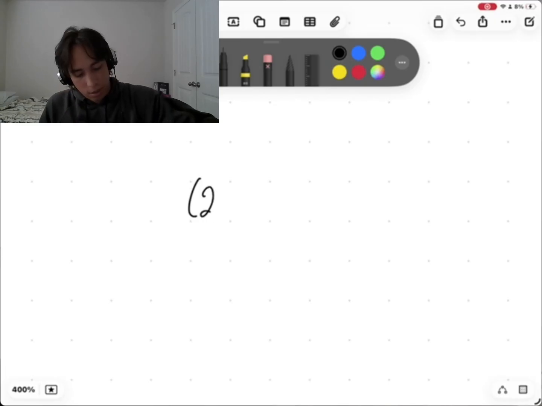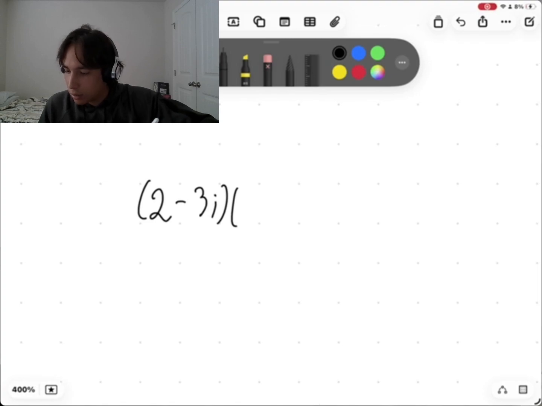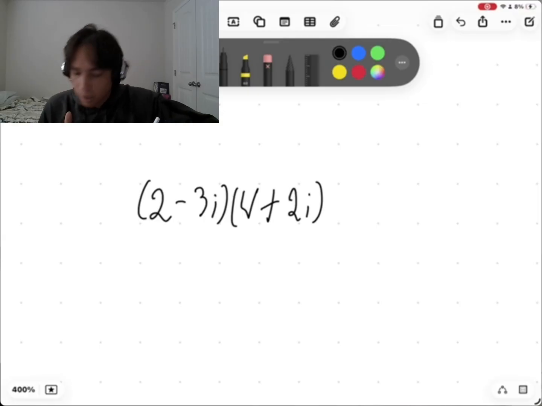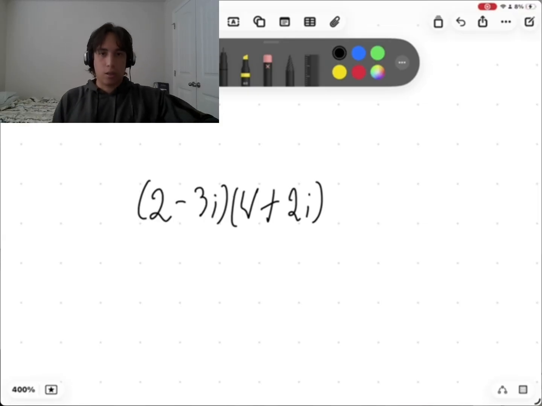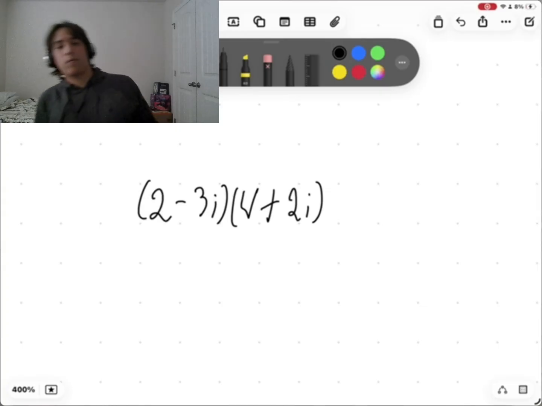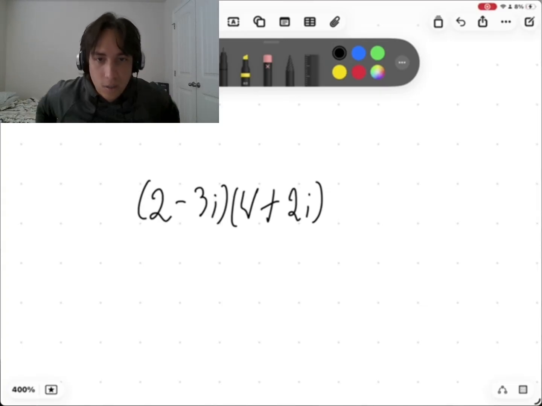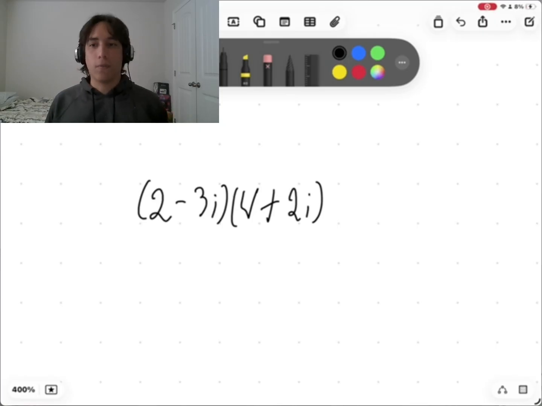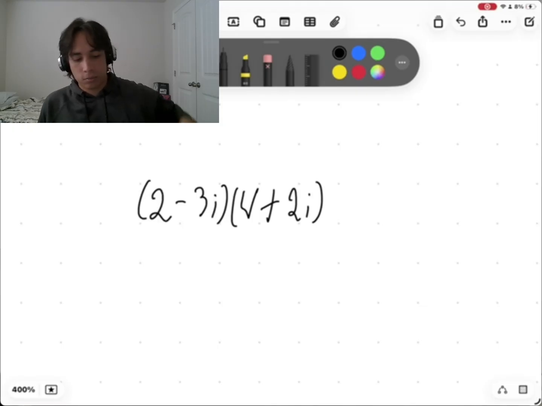2 minus 3i times 4 plus 2i. Right? Yeah. So here, this is one of the reasons I say pseudo vectors. I refer to complex numbers as pseudo vectors instead of full-on vectors, because I do not know how to treat these numbers as vectors when it comes to multiplication.